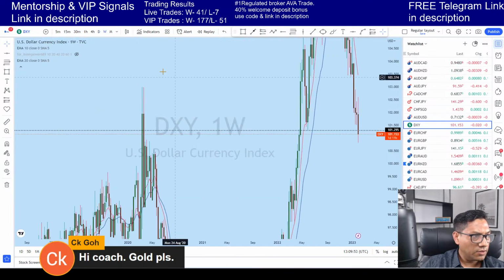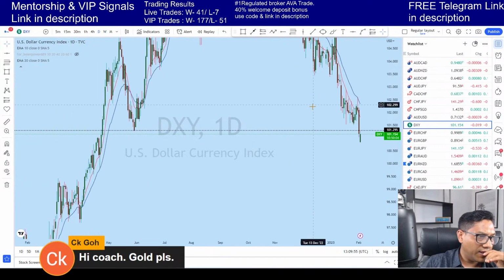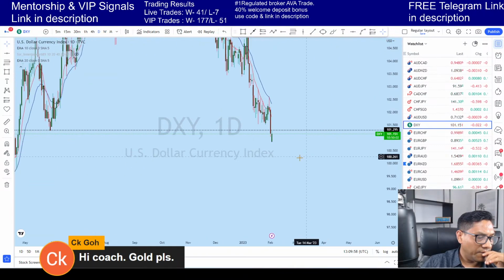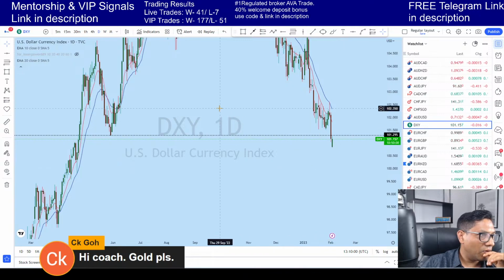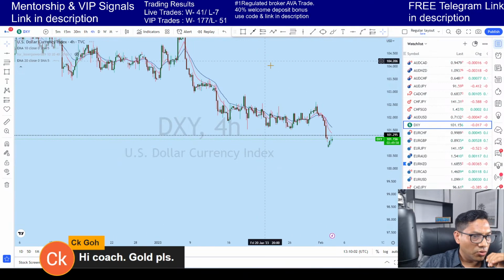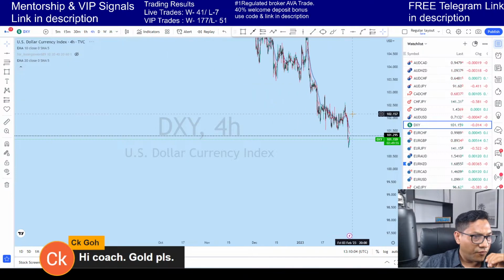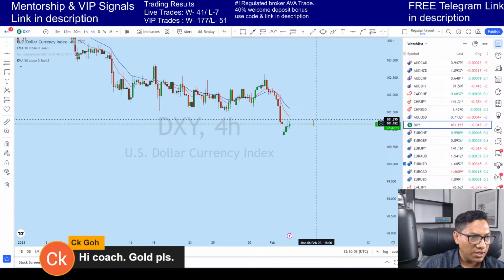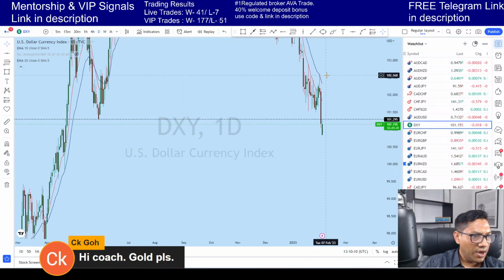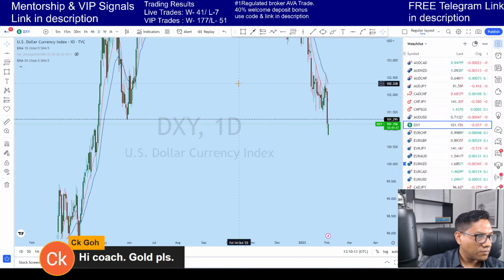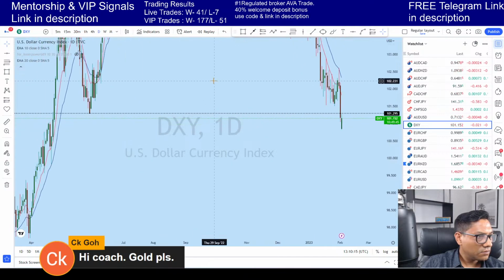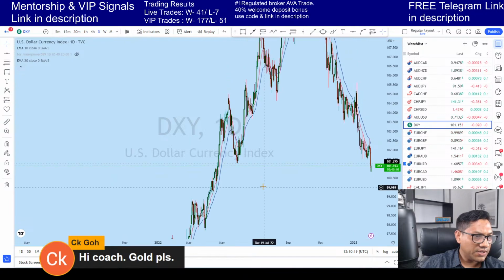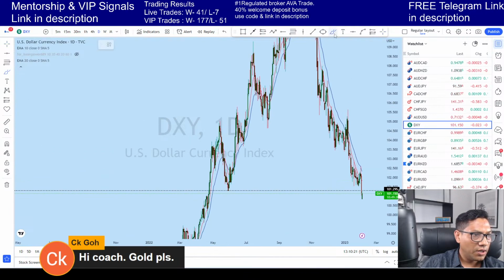Looking at the weekly, DXY looks like this market will reverse from here. Okay, from the 4-hour perspective, we see that there's a gap opening here on DXY. With that gap opening, this is a very important support zone. As you can see from this level, this is the weekly daily chart, there is a big move, correction, big move.